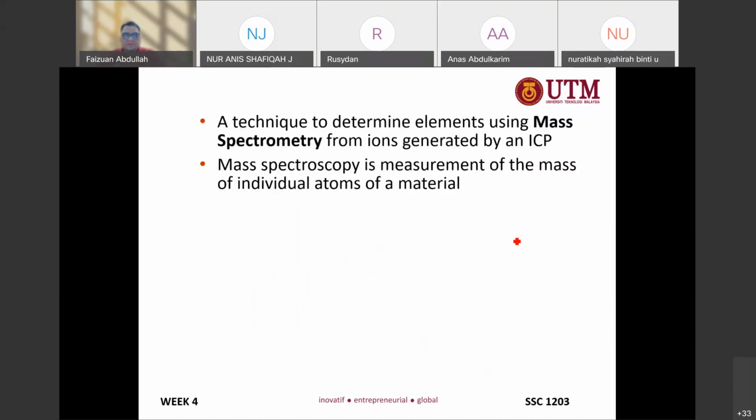It is a technique to determine elements using mass spectrometry from ions produced by an ICP. The ICP will burn the sample up to the ion state, and then the mass spectrometry measures the mass of the elements. So mass spectrometry is a measurement of the mass of individual atoms of a material.